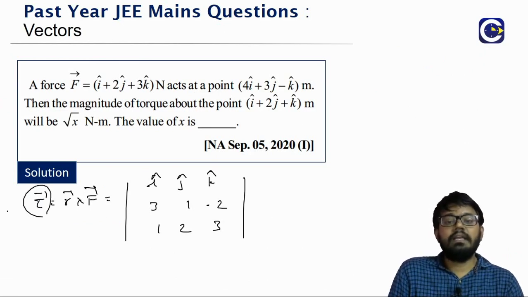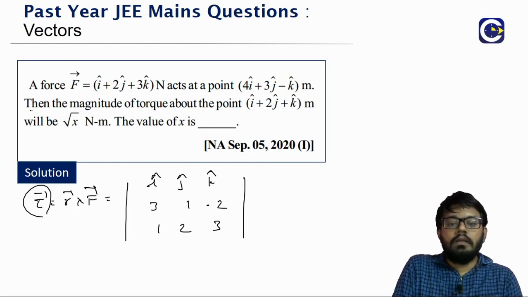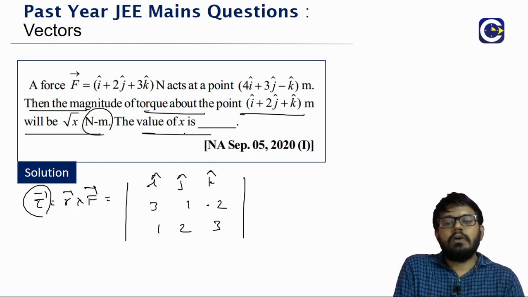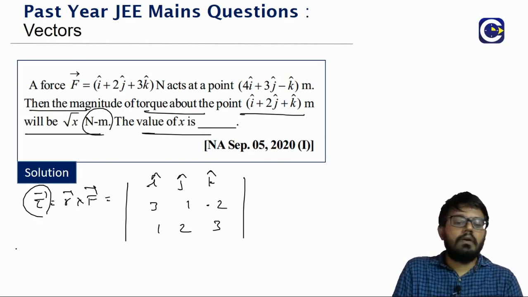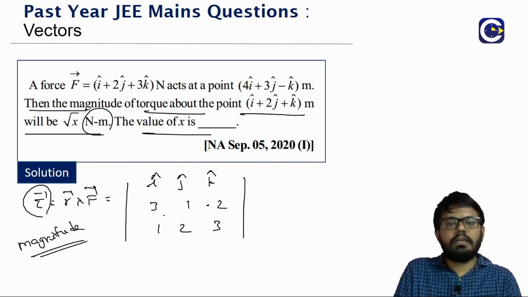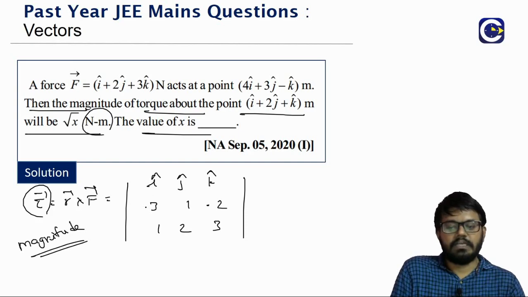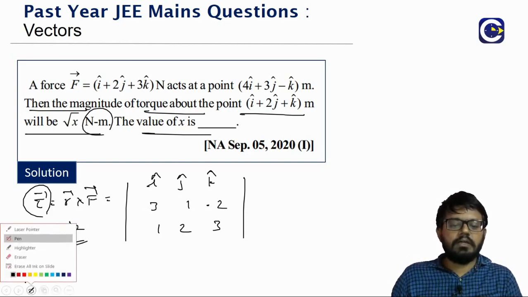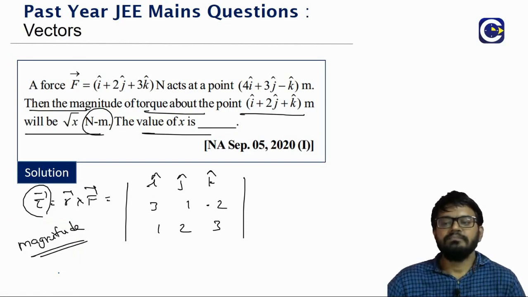But why are we finding torque? Look at the question: the magnitude of the torque about the point i plus 2j plus k is root x Newton meter, which is also in SI units. Then the value of x. So we have to find the torque magnitude. If we are able to get the torque in the ijk vector form, then we can easily find the torque magnitude.